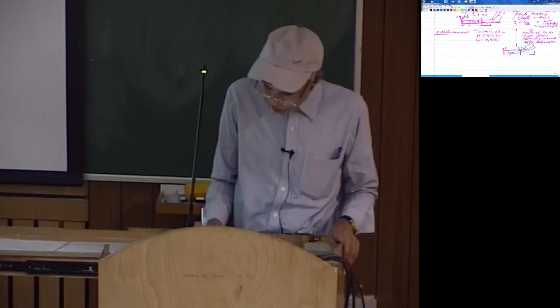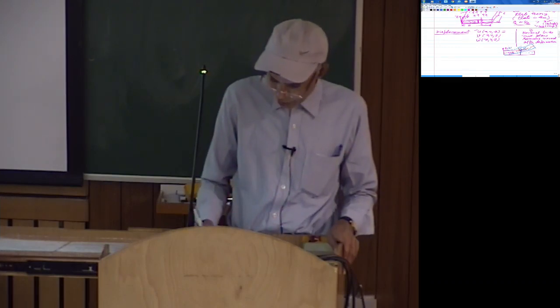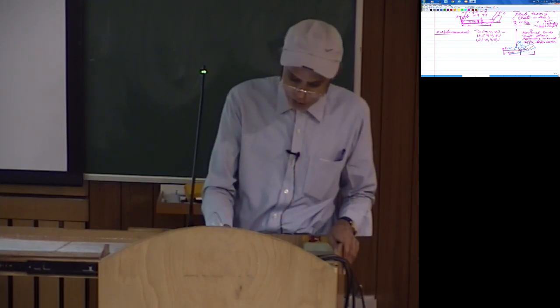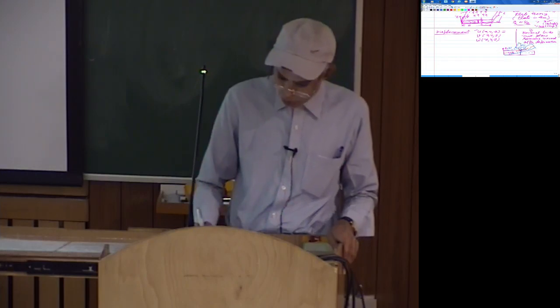So if W is the displacement along the z direction, then this angle, for small deformation, would be equal to the partial derivative of W, because W in general is a function of x and y. So this would be del W by del x.